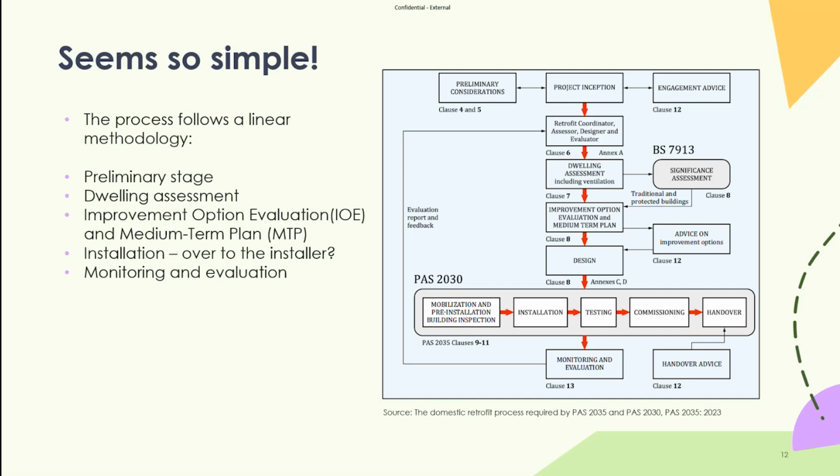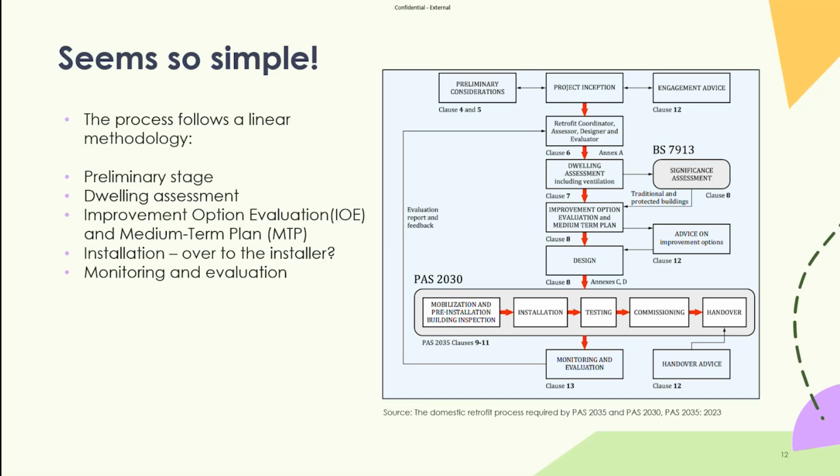And that follows a process of a preliminary stage. So that's aligned to almost a project setup. So we are liaising with the client and working out our intended outcomes, establishing the objectives for the project, really getting it set up. And that will then lead on to the dwelling assessment and the significance assessment.